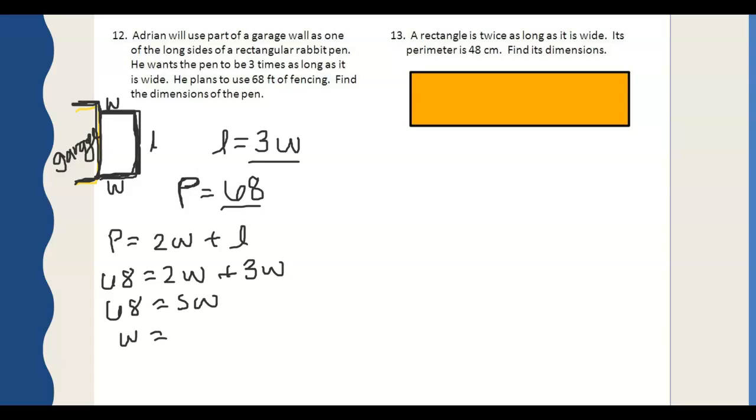So the width is equal to 68 divided by 5. And our units are feet. The length is 3 times that value, or 40.8 feet.